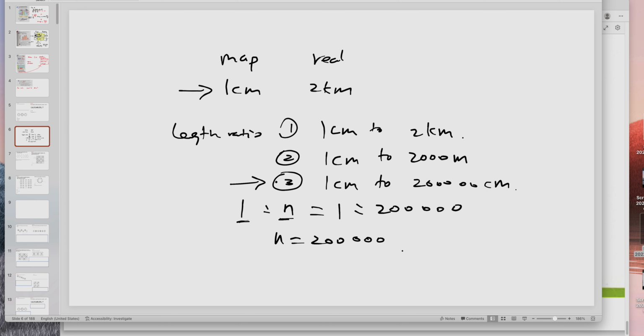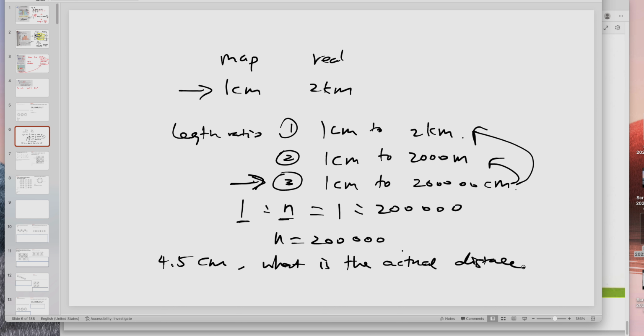Even if they give you this length ratio, you need to convert either into cm to meter or cm to kilometer, because generally they will give you, now the map is 4.5 cm, so what is the actual distance? Imagine you use the third length ratio, you're going to have a hard time.